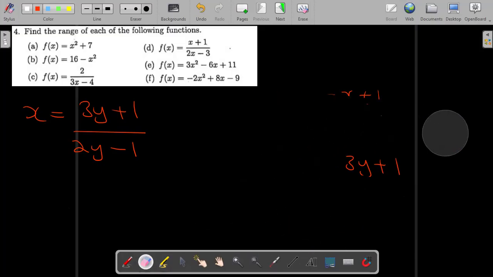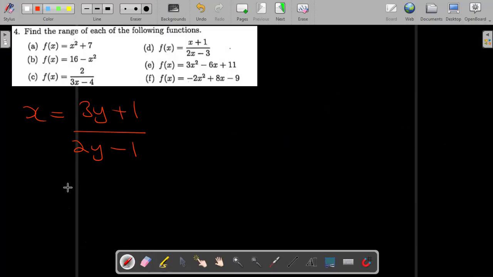But if I am able to find the domain, that would be the range of the function f of x. So the domain here of y is going to be all values of y except where the denominator is 0, because that will be undefined. So 2y equal to 1, then divided by 2, I get that y should not equal a half.